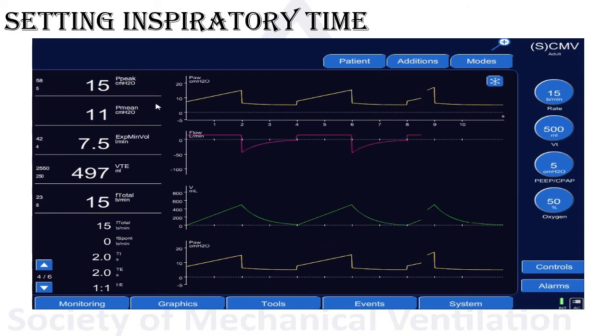You should notice that now the inspiratory time is longer, the airway pressure will be less. Even the inspiratory flow here will decrease. Again, the reason is that it's a set inspiratory to expiratory ratio, not a fixed flow rate. If it's a fixed flow rate, of course the peak inspiratory flow will still remain the same.